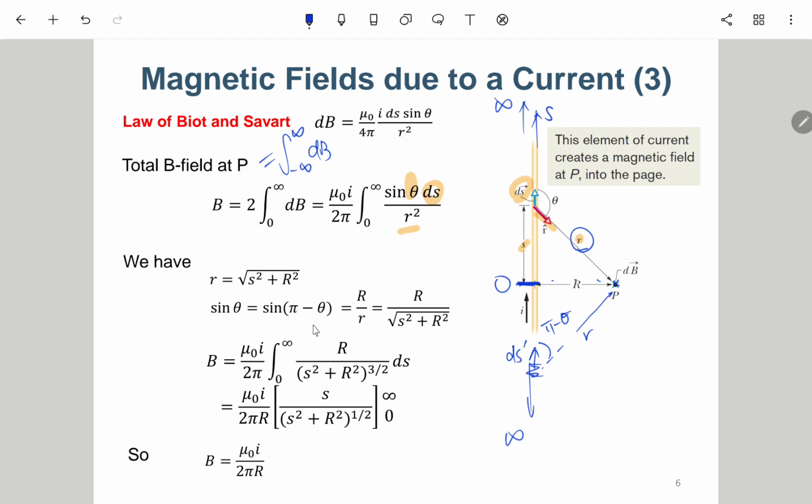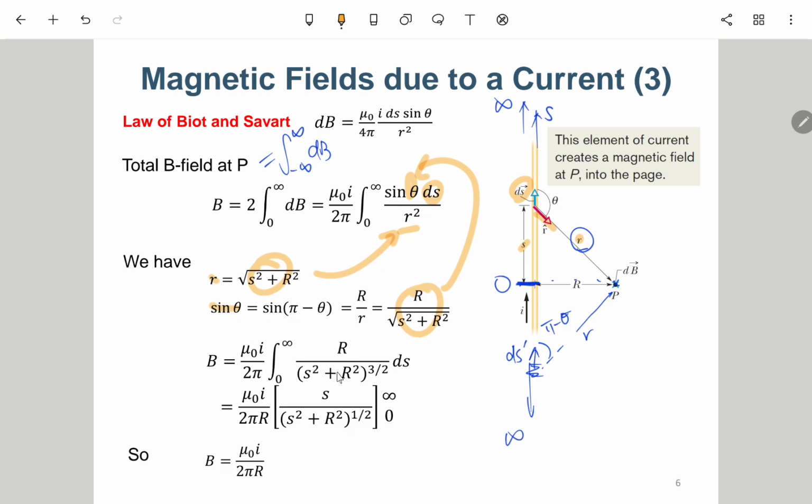Then sine of theta and sine of pi minus theta will be the same. So this is sine of theta, this is sine of pi minus theta. It is actually R over small r, which is R over the square root of s squared plus R squared. So we can put r and sine theta like this into here. Taking the square for r squared, and then sine of theta here will be this one.